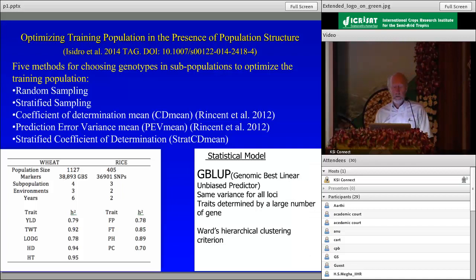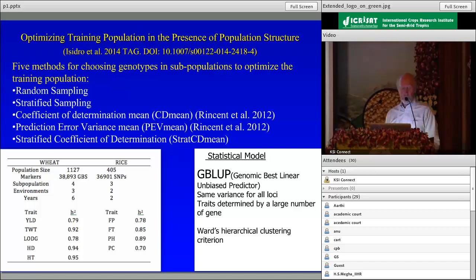For this, we used two data sets, a wheat data set consisting of 1,000 genotypes and almost 39,000 GBS markers. For the rice, we had a population of 405 with almost 37,000 SNPs. That was an array-based genotyping platform.